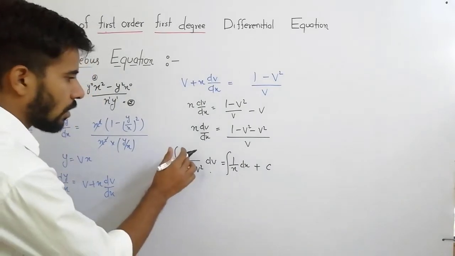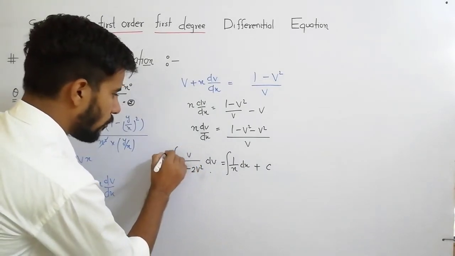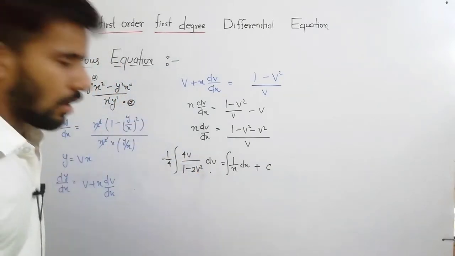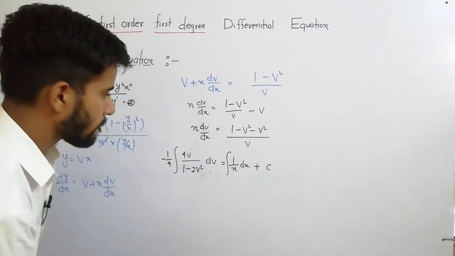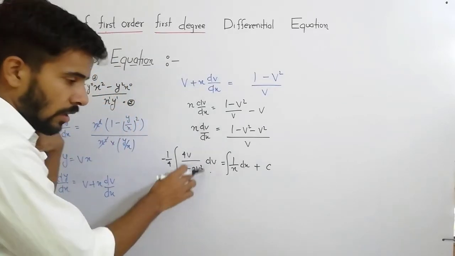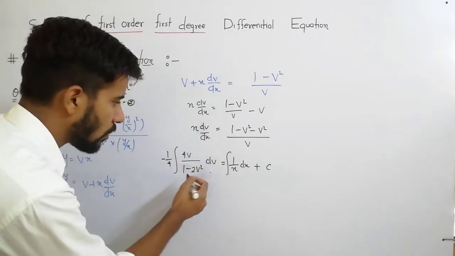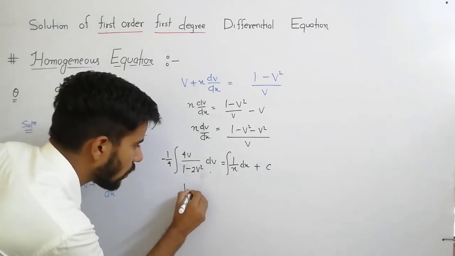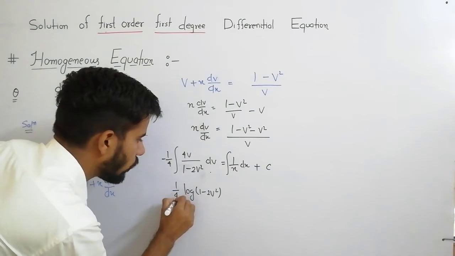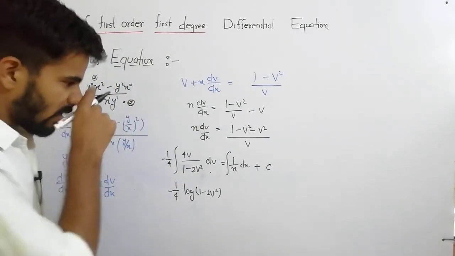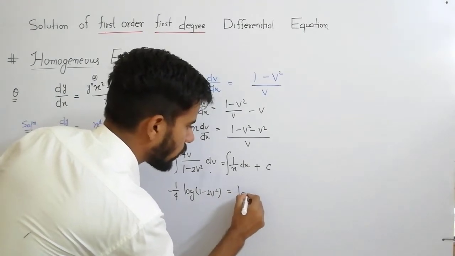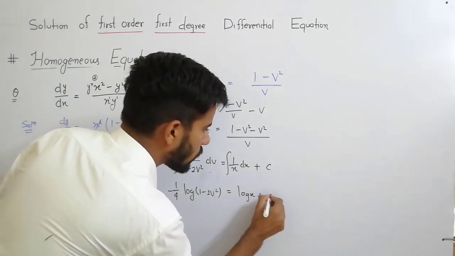If we multiply and divide by 4 on the left side, we can clearly see that the numerator is the differentiation of the denominator, so we get 1 upon 4 log of 1 minus 2v square. This is equal to the integration of 1 upon x, which is log x plus c.